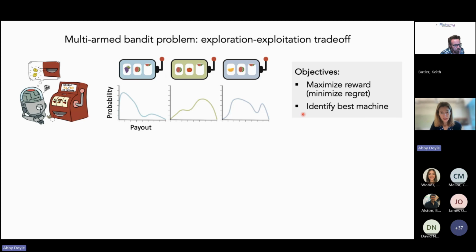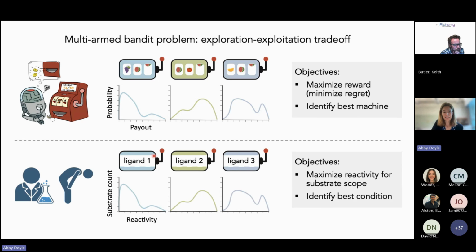And what Jason saw as an analogy to this generality optimization problem is, if you imagine that these slot machines are now conditions, in the simplest case, let's say that there are different ligands, and the distribution is the distribution of yields or enantioselectivity or both, across a substrate scope that you've defined.